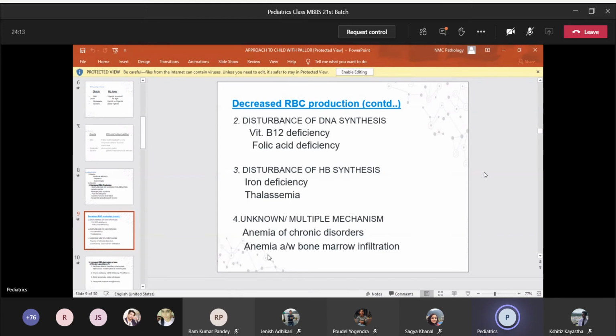If there is disturbance in hemoglobin synthesis, it is mainly due to iron deficiency anemia or thalassemia. There are some other multiple mechanisms which are unknown that can cause anemia, as in anemia of chronic disease or anemia associated with bone marrow infiltration.